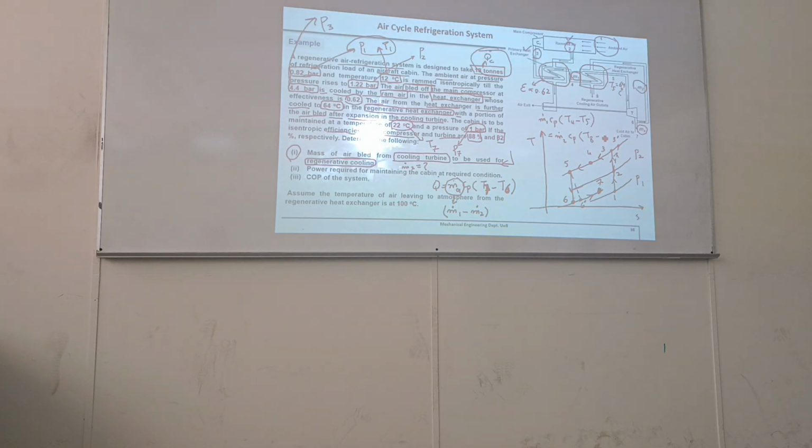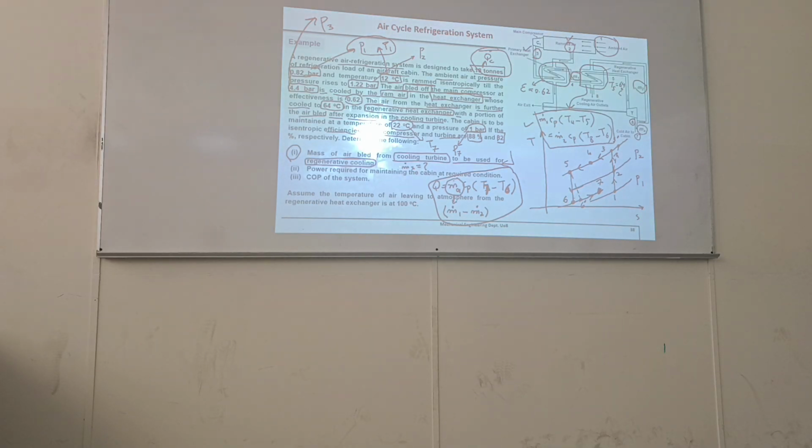So T8 minus T6 or T7? T6. So here we have another equation from this heat exchanger involving same m dot 1, m dot 2. So now we have two equations, this one and this one. We can solve both of these simultaneously to find out m dot 1 and m dot 2.